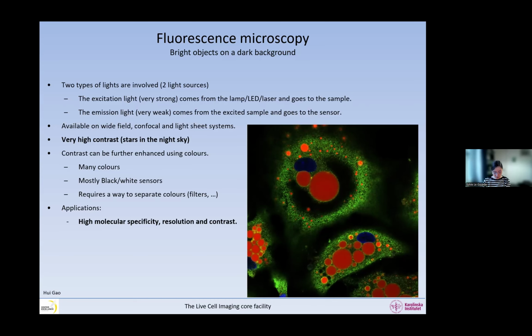And we have a high contrast because the background is black. Whereas in transmitted light, I remind you, we have a low contrast. We have a high molecular specificity or a high resolution, so we cannot have both together. But we have a low contrast anyway in transmitted light. In fluorescence, very high contrast.